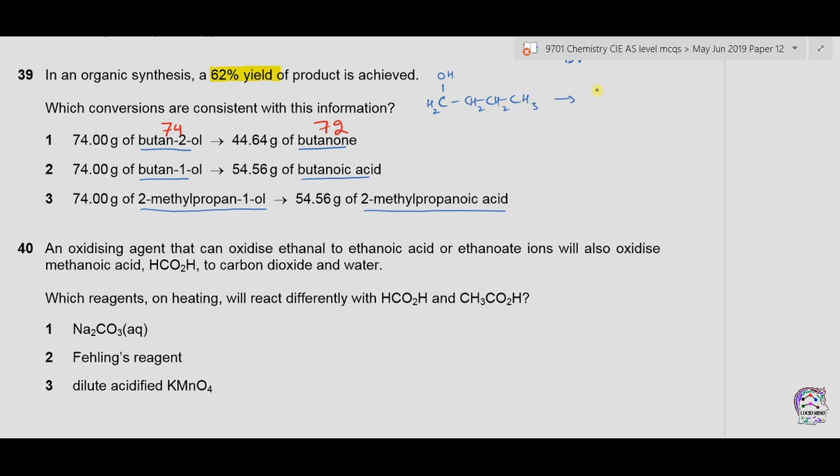Again, in order to find Mr, we have 4 carbon atoms, 10 hydrogen atoms, 1 oxygen atom. So again the Mr is equal to 74. Then we have butanoic acid.